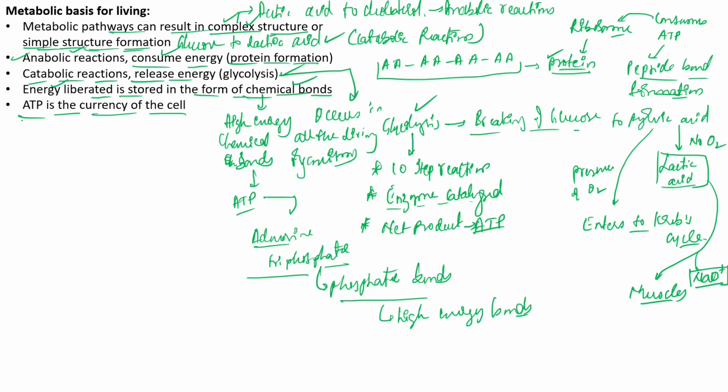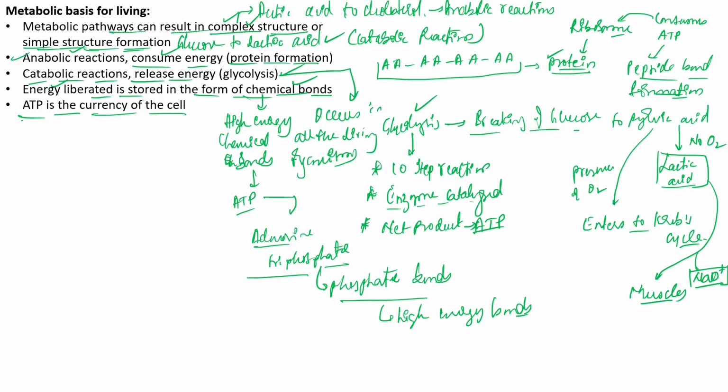So ultimately you can see that metabolic reactions control everything. Metabolic reactions are mainly of two types, the catabolic reactions and the anabolic reactions. The sum of these two kinds of reactions we call metabolism. Some metabolic reactions are energy consuming, and these are called anabolic reactions, and some are energy yielding, and these are called catabolic reactions.